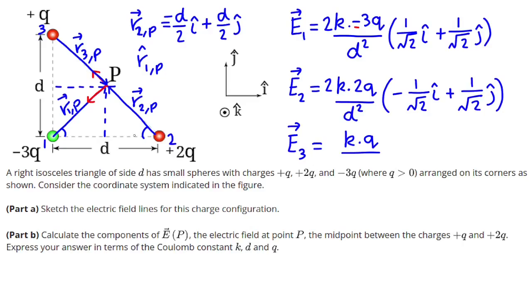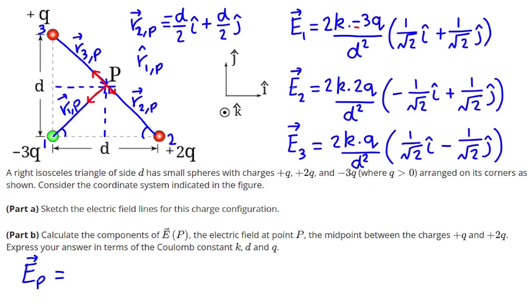So the squared magnitude is d squared on 2, and it has a positive x component and a negative y component. So the electric field due to this charge points in this direction and has a smaller magnitude than the electric field due to the larger charge. So the net electric field at point P is the sum of these electric fields.